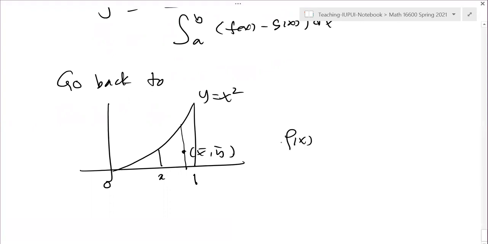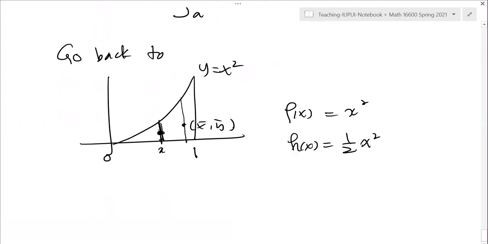If you collapse to the point x, rho of x is just x squared. Now where's my h of x? h of x is the center, the y coordinate of the center of this vertical line, which is going to be half of x squared.